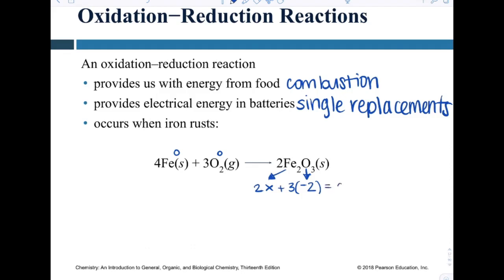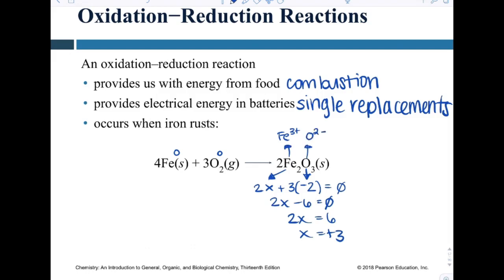I know this has to add up to 0. And so then I get 2x minus 6 equals 0. 2x equals positive 6, therefore x is equal to positive 3. So the charge of this iron is 3 plus. I would call this iron(III) oxide. The charge of the oxygen is -2.